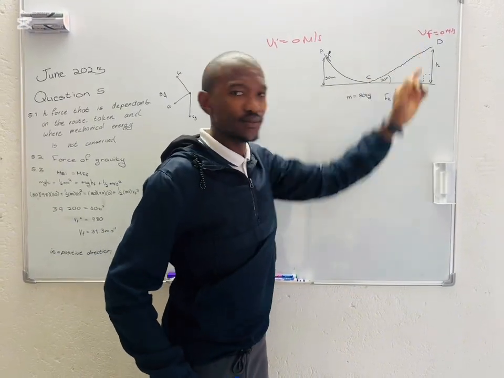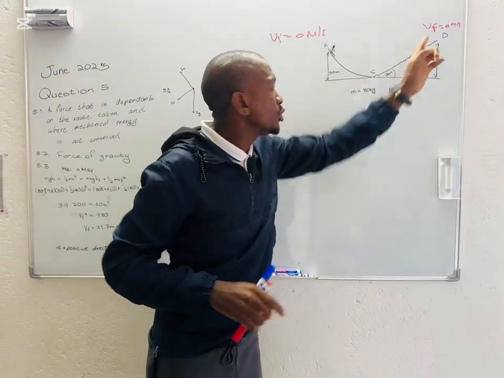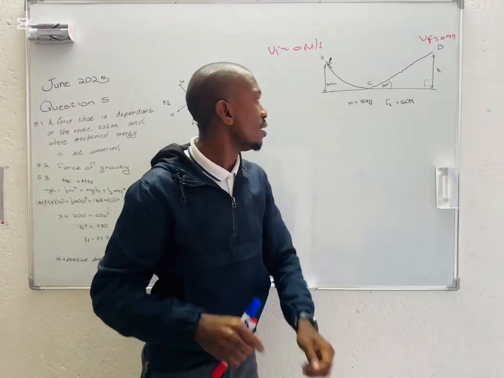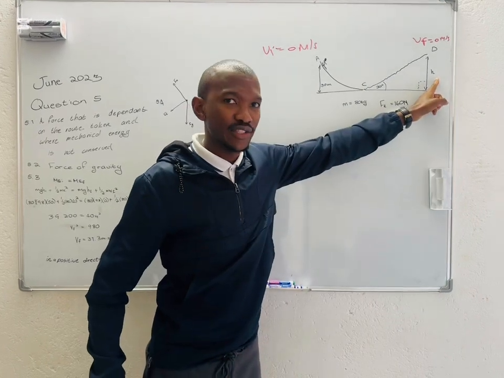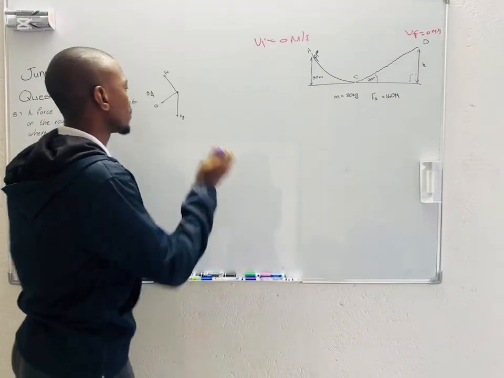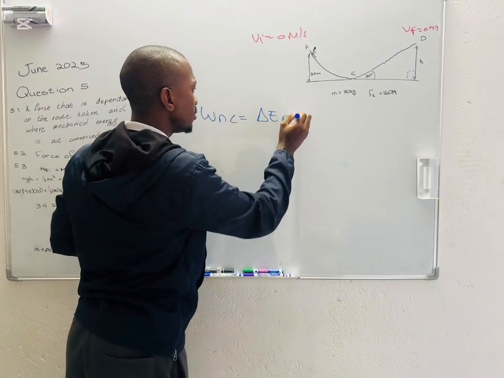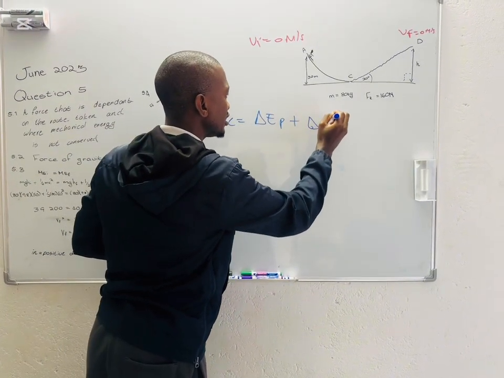From C to D, that is the displacement. Can you see that? From C to D, you don't have the height. Which formula are we going to use, because there is a non-conservative force? Work done by the non-conservative force equals the change in EP plus the change in EK.